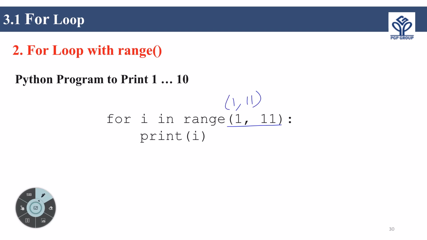When we use the range function, the final value is one before the range end value. So for 1 to 10, the values are 1, 2, 3, 4 up to 9. Clear? This is the output.